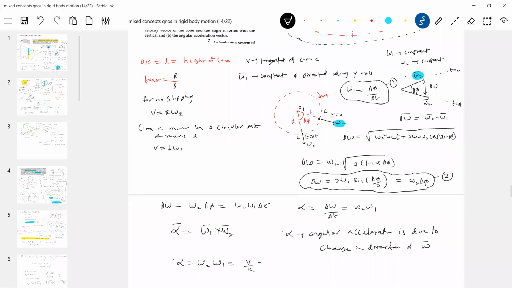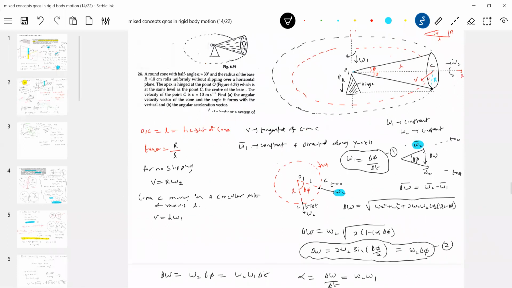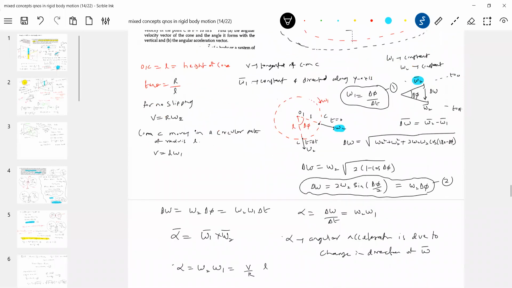V equal to L omega 1, so omega 1 is V by L. And L is equal to R by tan theta. So therefore alpha is V square tan theta by R. Will you agree? I think this was the data given for us, no? This is the magnitude. So why is this alpha? This alpha is due to change in direction of motion.